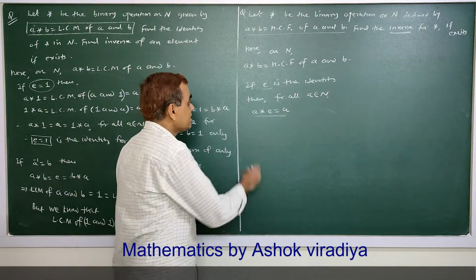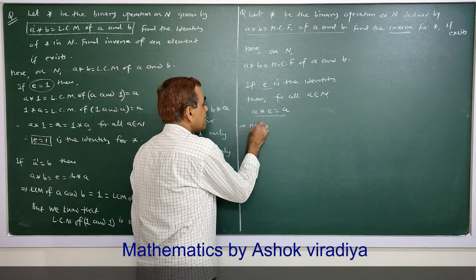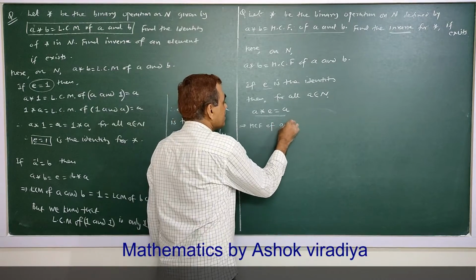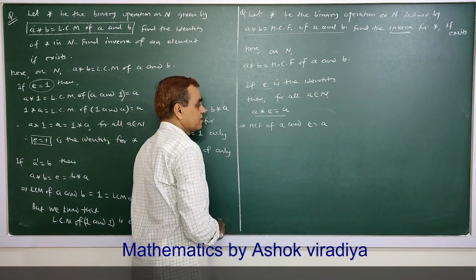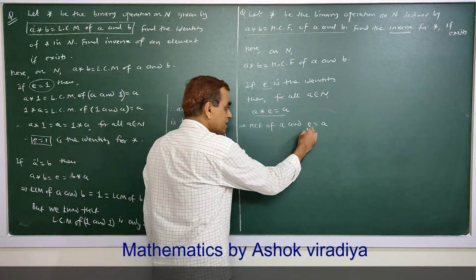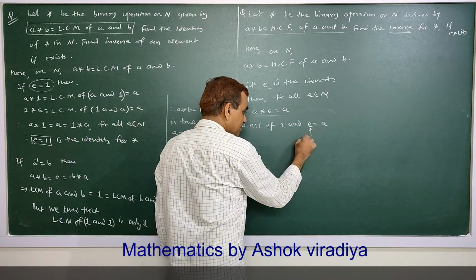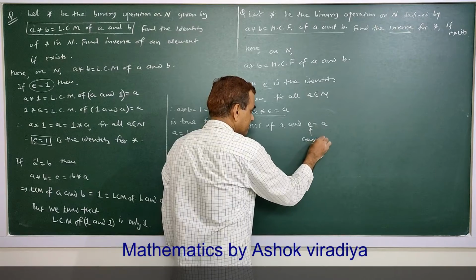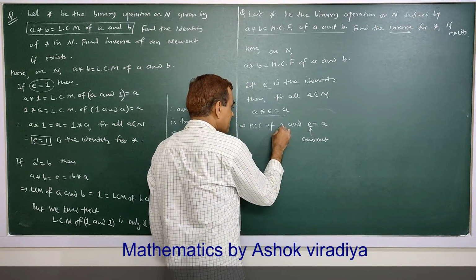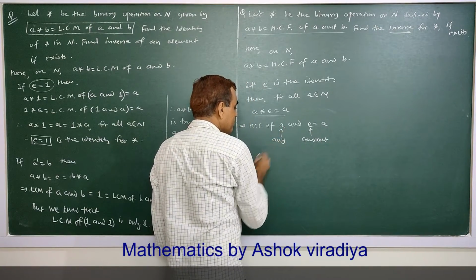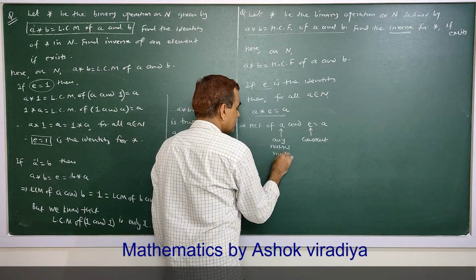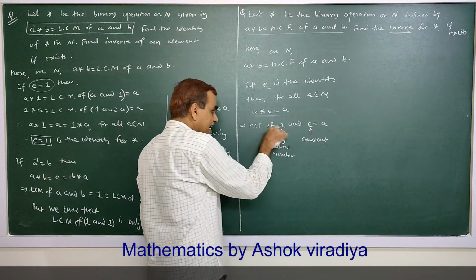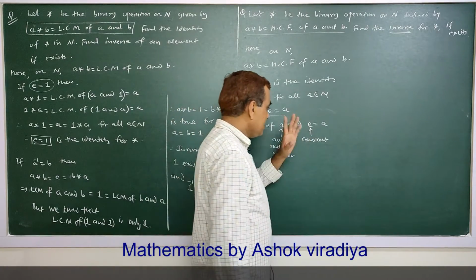Now A star E is A, that means HCF of A and E is A. Here this is fixed, this is constant, and this is any natural number. For any natural number A, E is fixed.